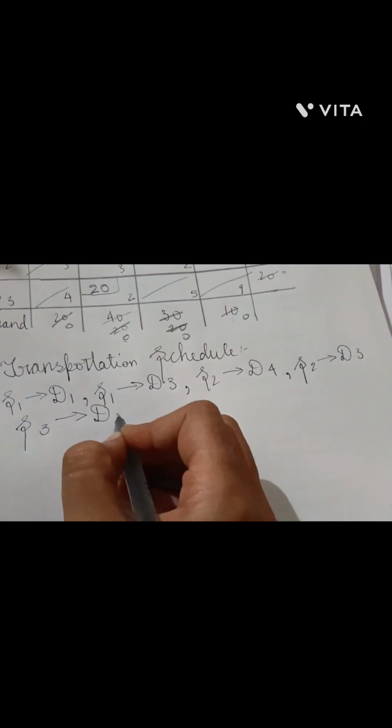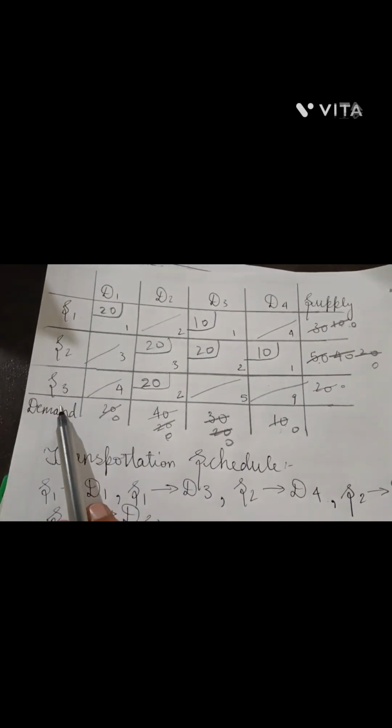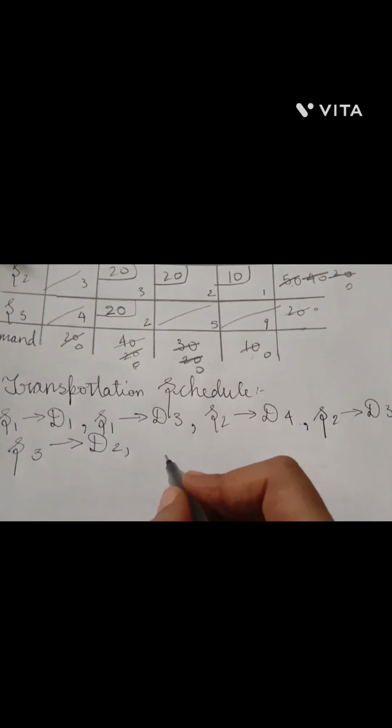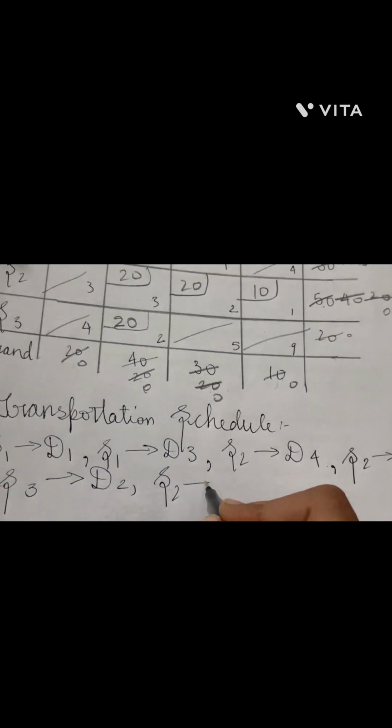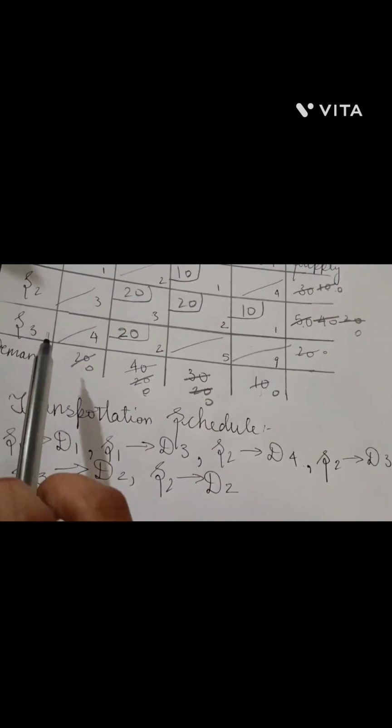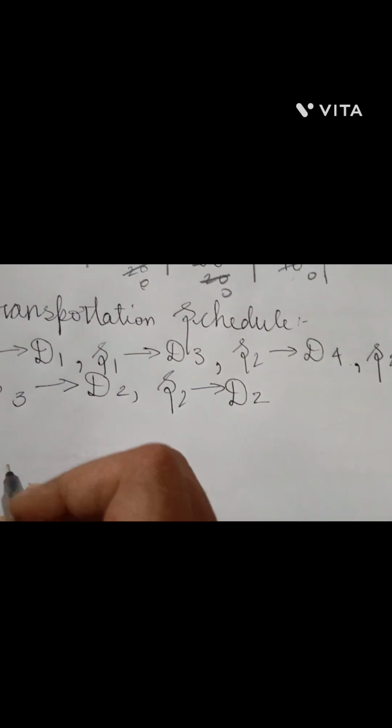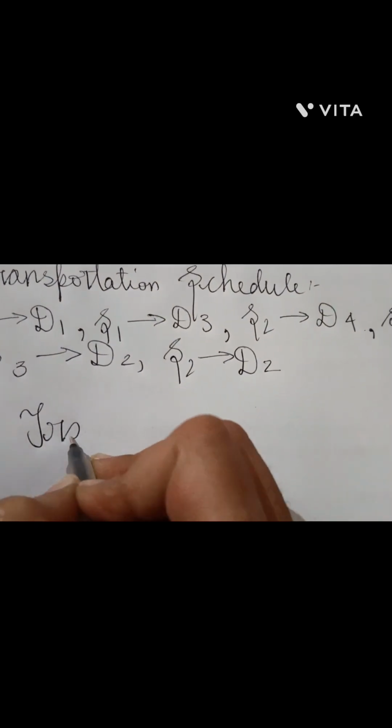S3 to D2, it is S3 to D2, and lastly S2 to D2, this one. So this is the transportation schedule, and then we must also write the transportation cost.